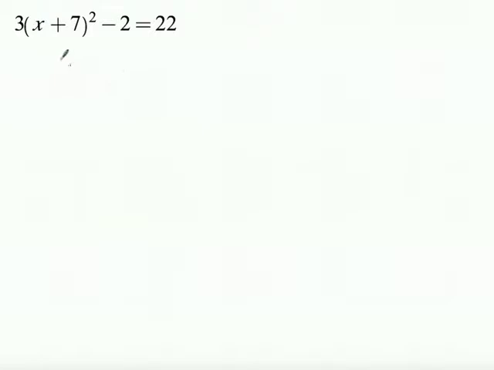So my answer is x equals 11 and x equals negative 1. On the next example, I've got 3 times (x plus 7) squared minus 2 equals 22. Remember, my goal is to get this x by itself, but I've got a lot going on with that x. The first thing I'm going to do is move this negative 2 by adding 2 to the other side. That cancels, and gives me 3 times (x plus 7) squared equals 22 plus 2, which is 24.